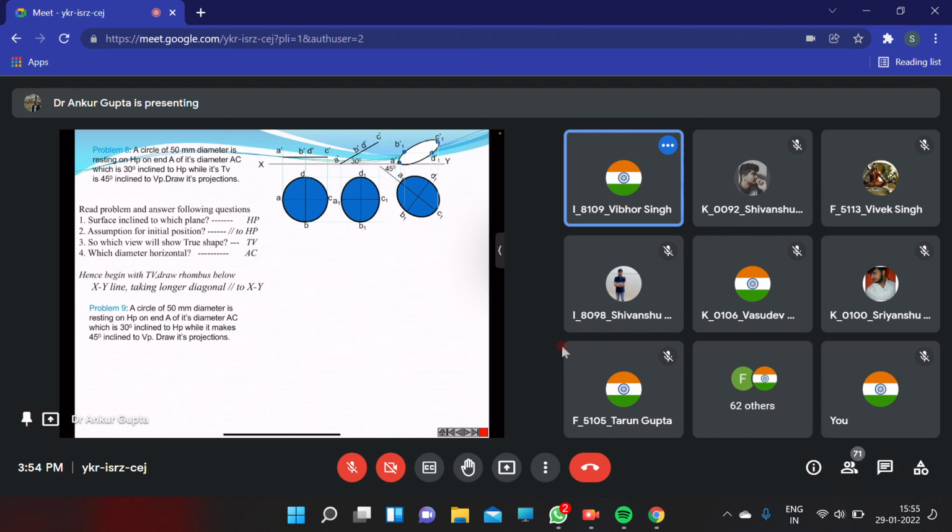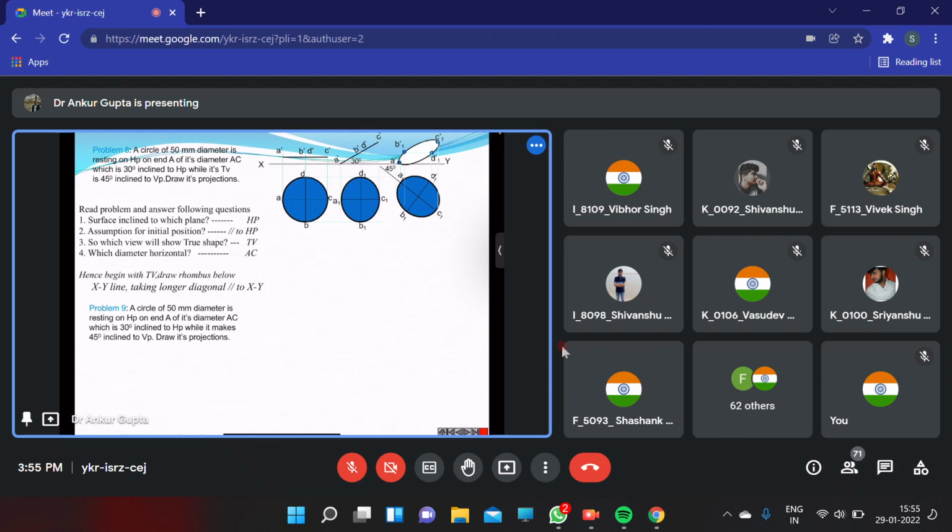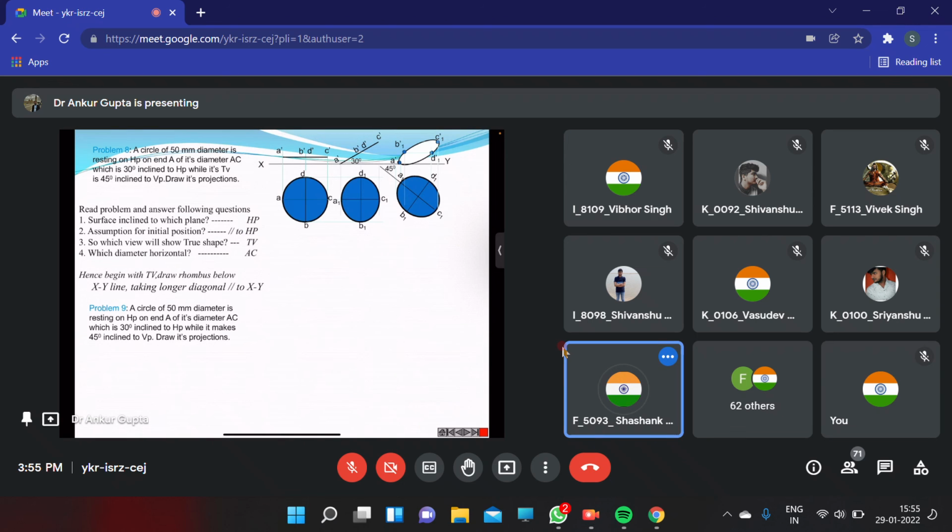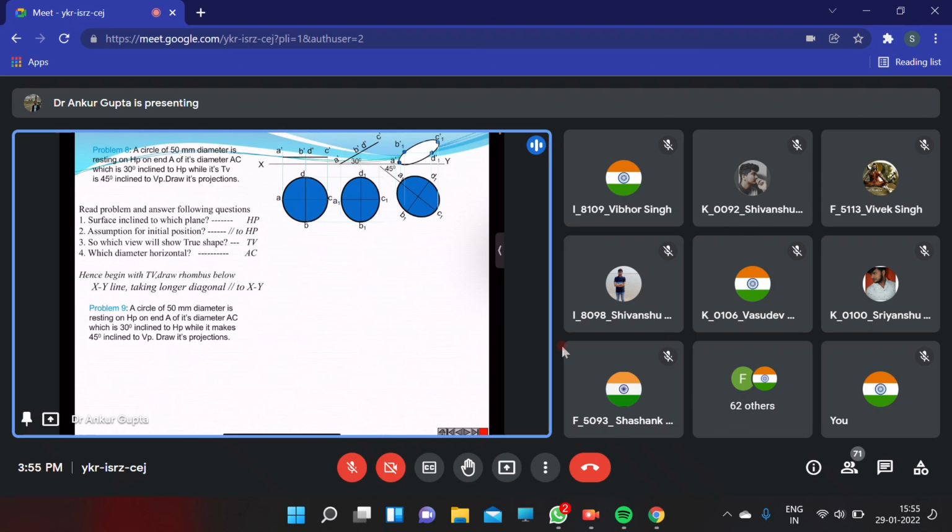We have rotated the entire figure about the diameter, right? But here what it is said: वहां पे उसका टॉप व्यू was inclined at 45 degree, while its top view is 45 degree inclined.